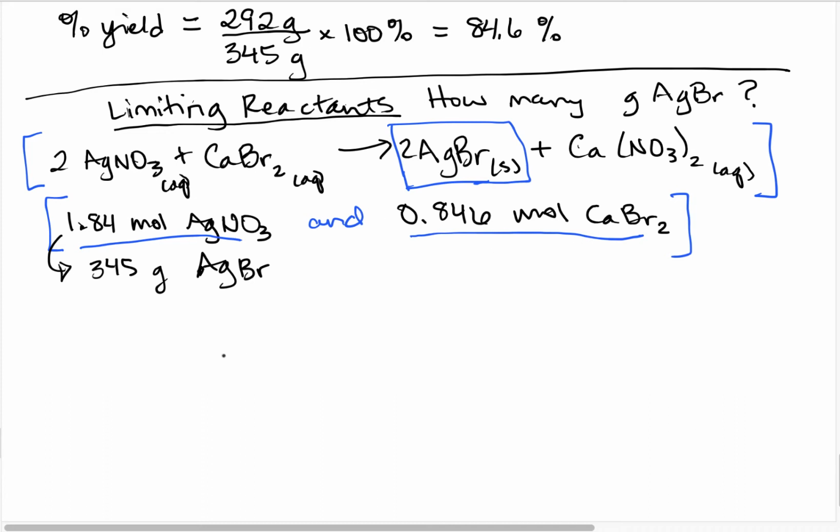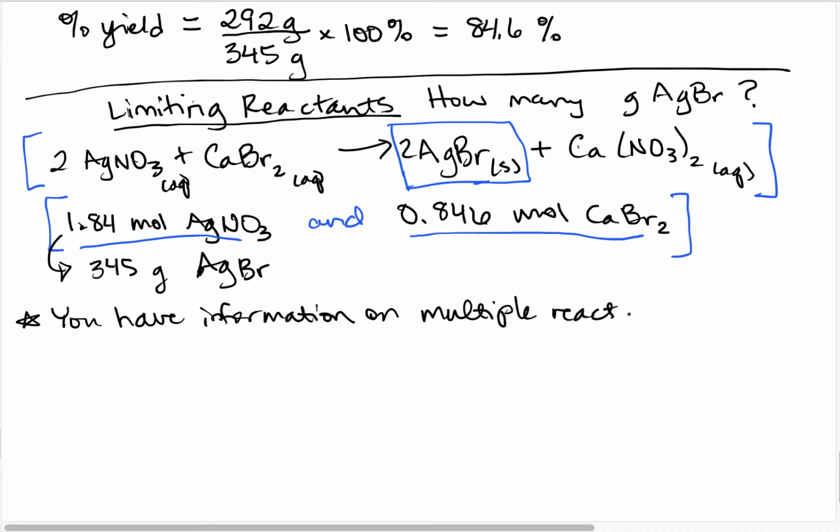So what you need to do when you have a limiting reactant problem, and the key sign for a limiting reactant problem is that you will have information on multiple reactants. And that's how you know that you have a limiting reactant problem.